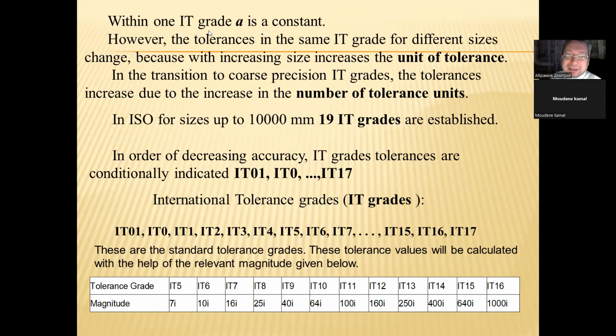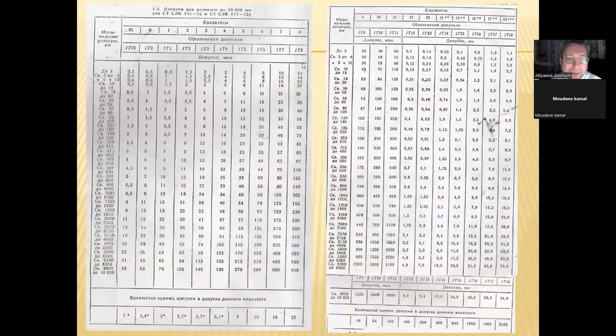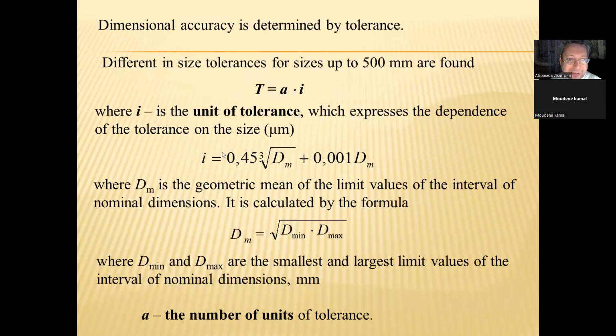However, the tolerances in the same IT grade for different sizes change, because with increasing size, the unit of tolerance increases. The unit of tolerance is I, and I is different for different sizes.